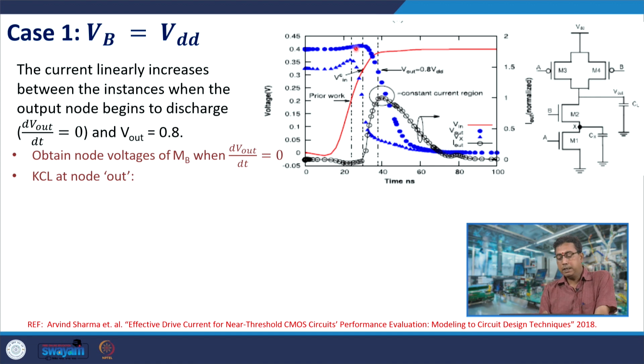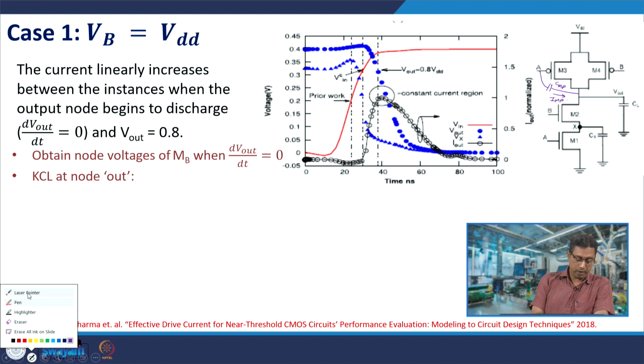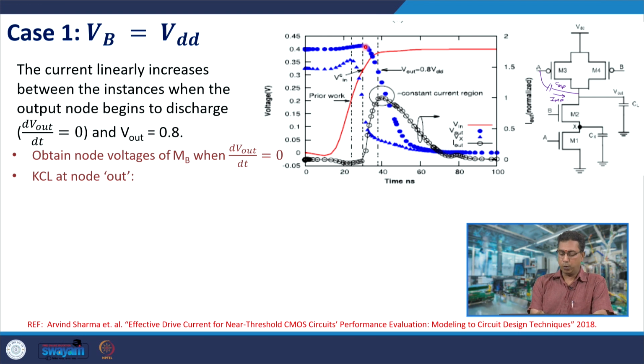But what is this point? Till the point when V out begins to discharge, because of IMP, the overall current at node out actually charges node out. So, V out increases, though very slowly, till that point.